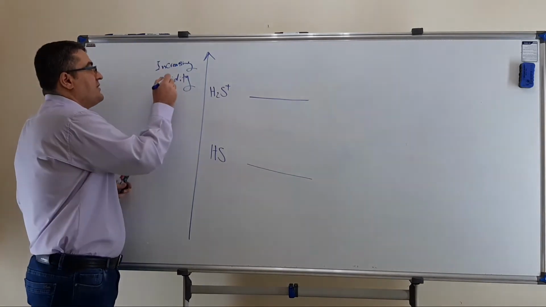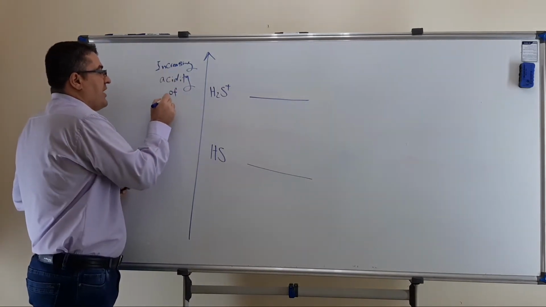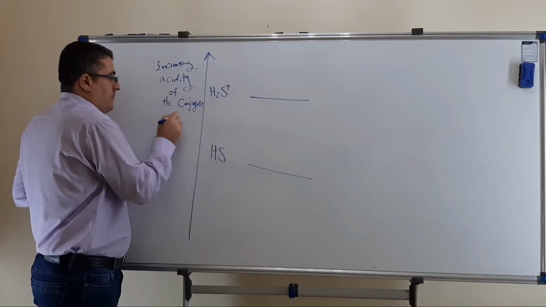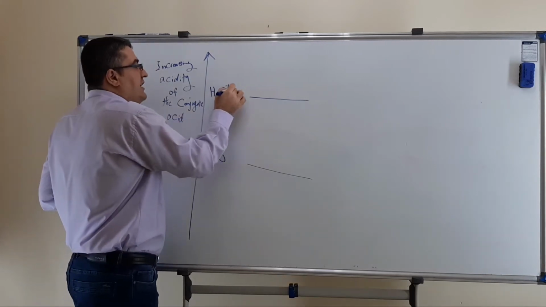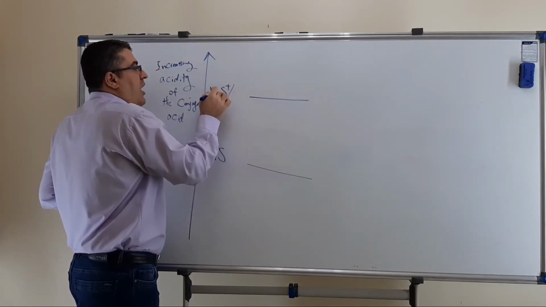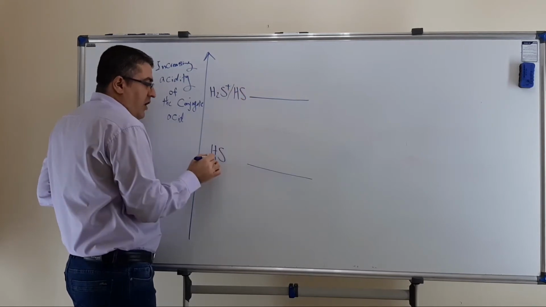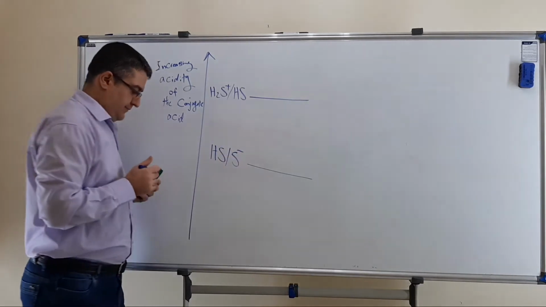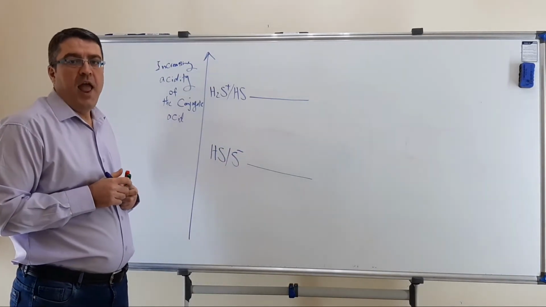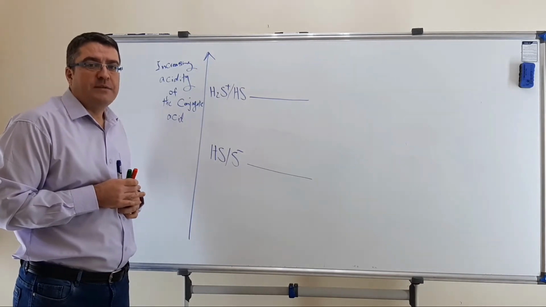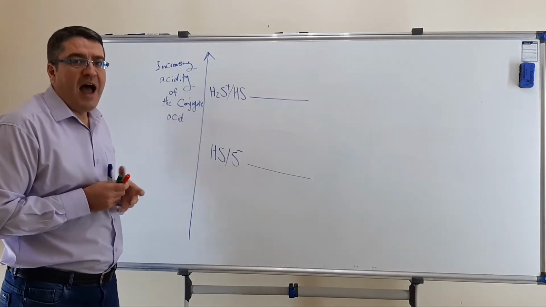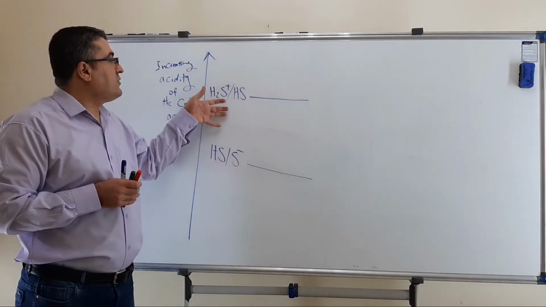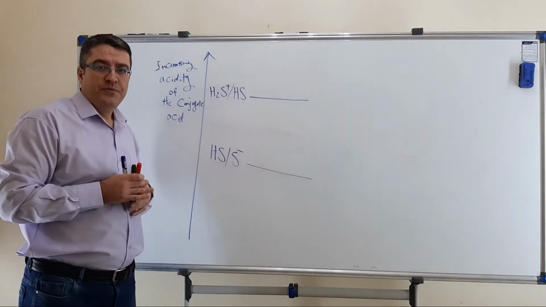Let's consider this increasing acidity of the conjugate acid. So in fact, here we are dealing with the conjugate acid-base pair, lyonium cation and solvent, and we are dealing with the conjugate acid-base pair, solvent and lyate anion. Different conjugate acid-base pairs can have different positions in comparison to positions of these two related to the solvent.